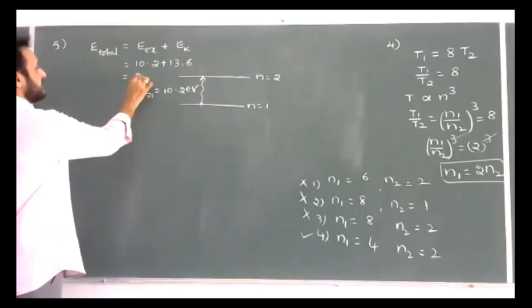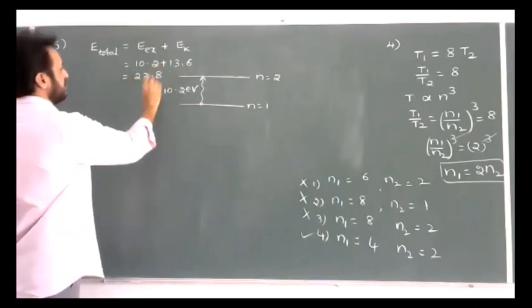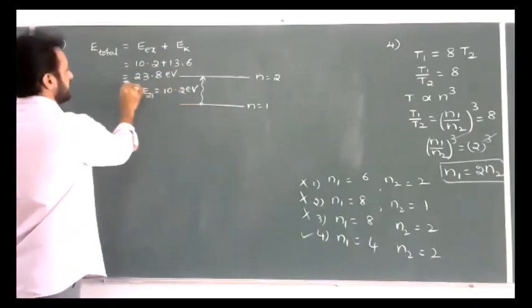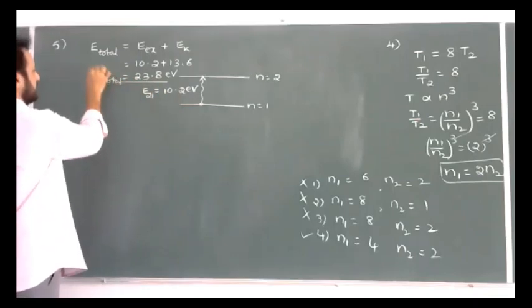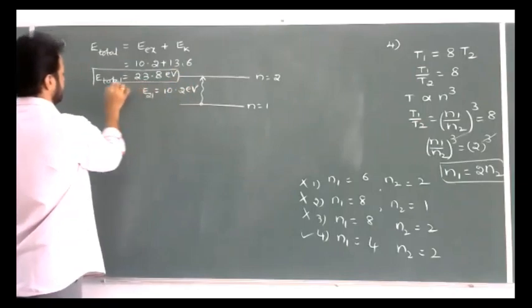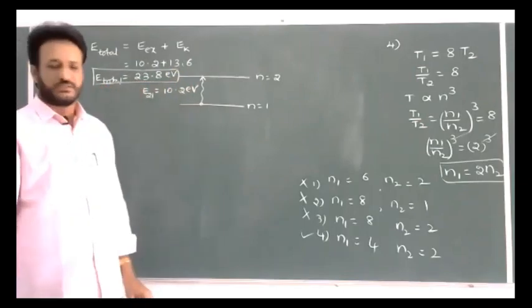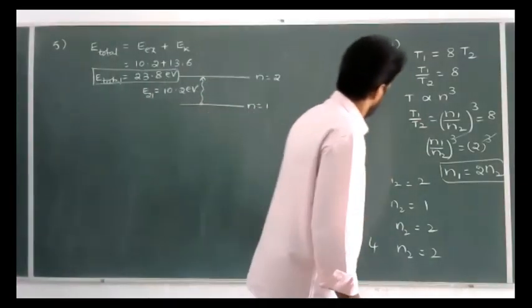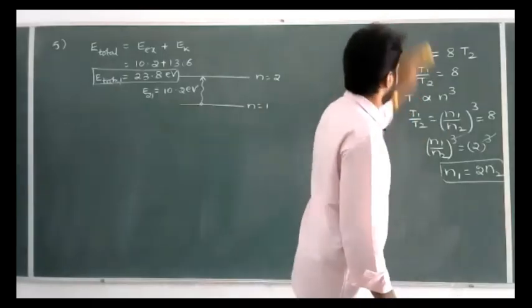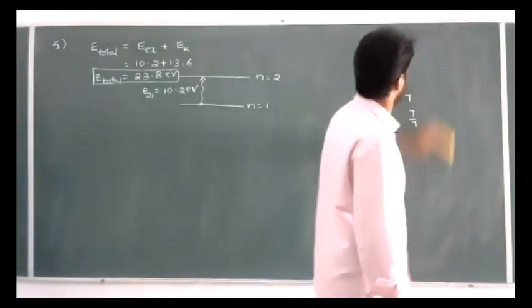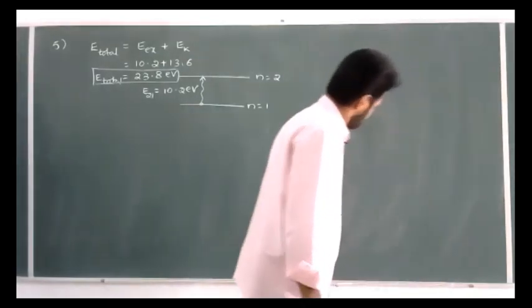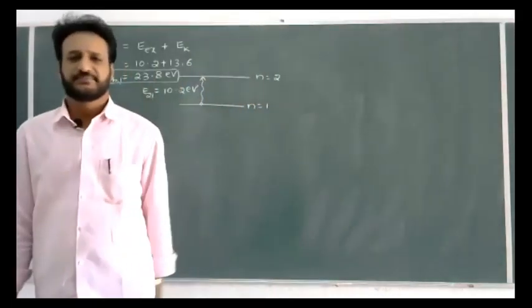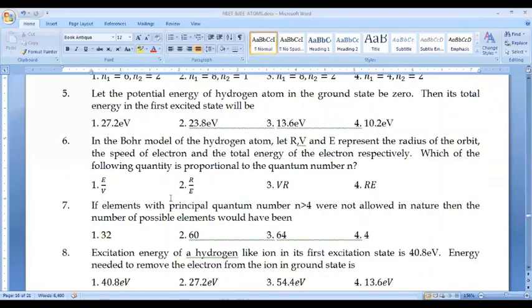So the total energy of the electron in that orbit is equal to 23.8 electron volt. So check the option. Which option? Second. So option 2 is correct. That is 23.8, option 2 correct only.